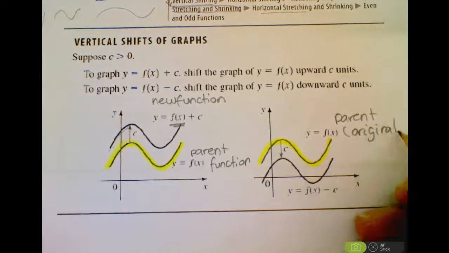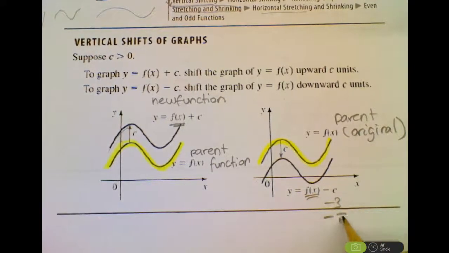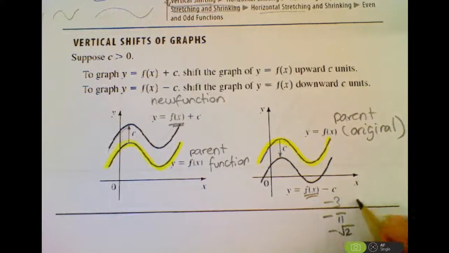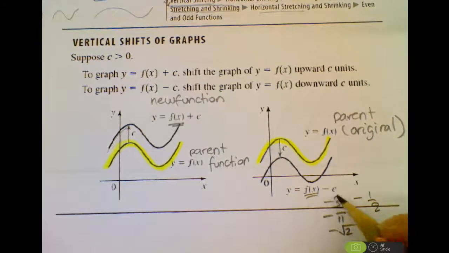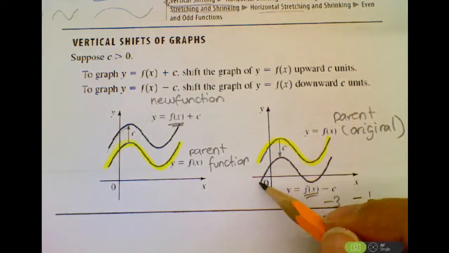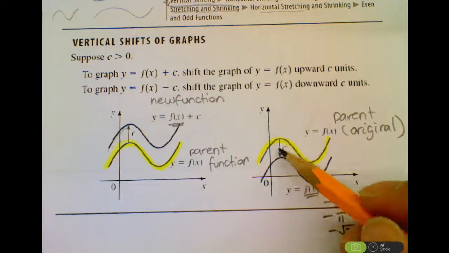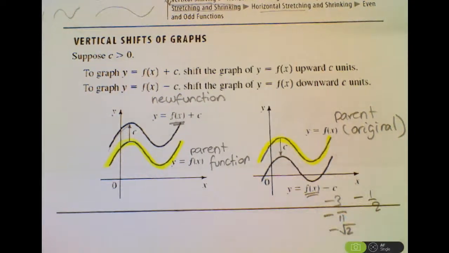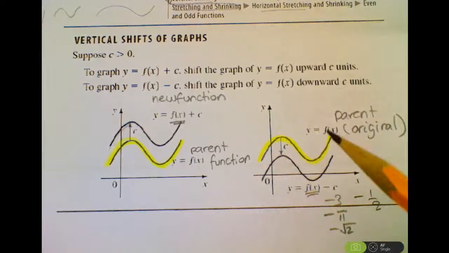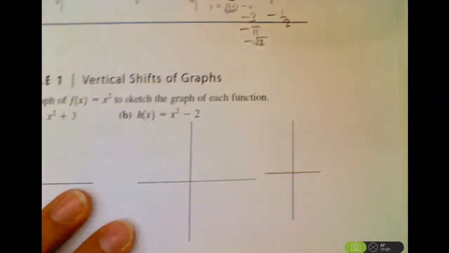If I create a new function that looks like the parent function minus a number, it could be minus 3, minus pi, minus square root of 2, minus 1/2, any number greater than 0, then what's going to happen is the shape is going to stay the same, but it's going to shift downward by that many units. So the idea behind it is that we are changing every single y value.